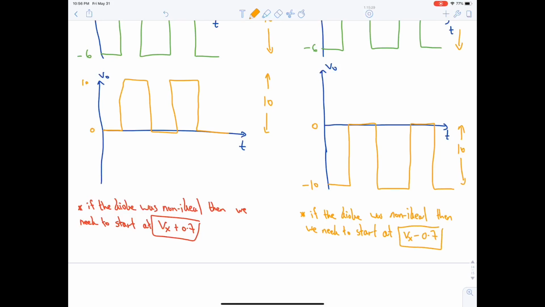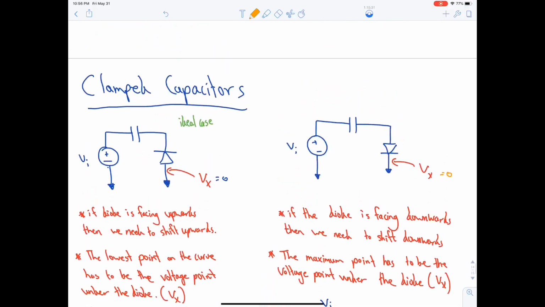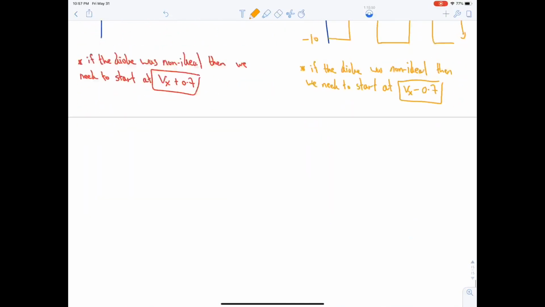Okay, I hope it's clear. It's simple, just shifting upwards and downwards. For shifting upwards, the lowest point has to be the voltage point under the diode, whereas in shifting downwards, the highest point has to be the point under the diode. Now, before concluding this video and this chapter, let's take one more example.